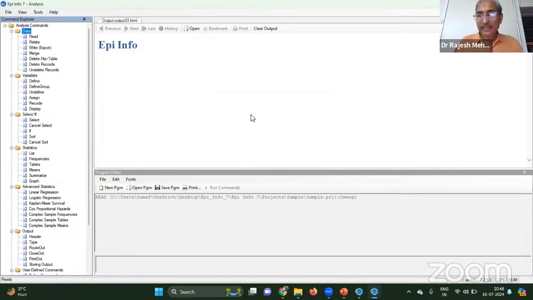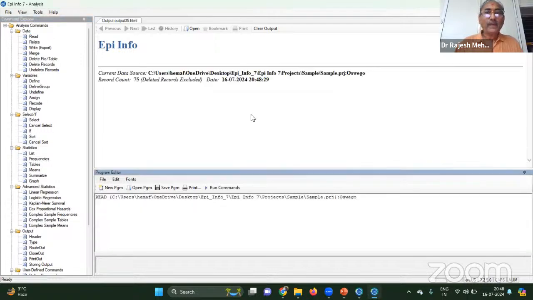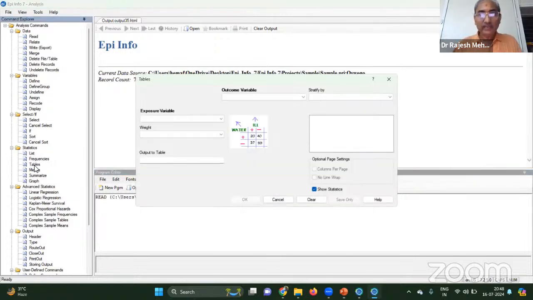75 records are selected. Now, we have seen the read command, the list command, the frequency command. Now let us go for the tables command. In tables, you have the exposure variable, the outcome variable, and for the advanced statistics, you can go for the stratification also.